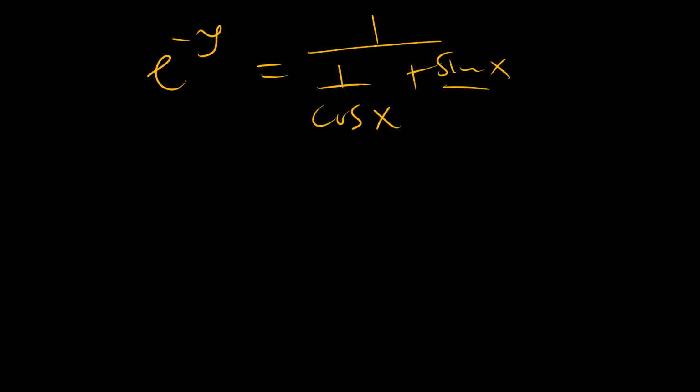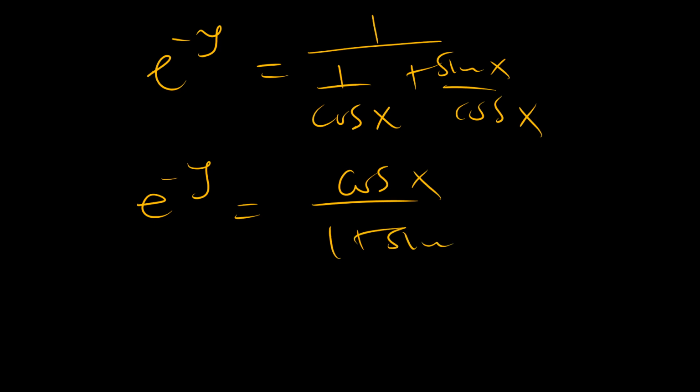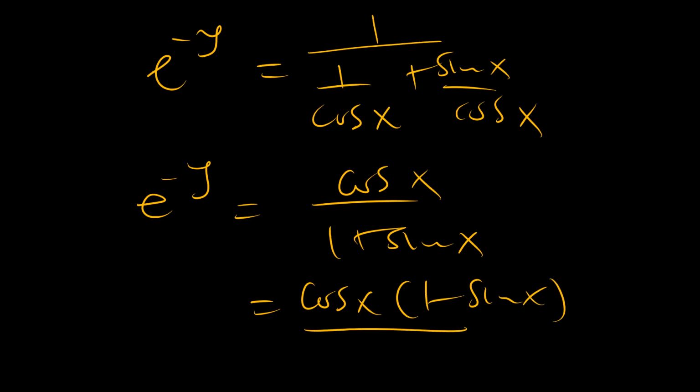e to the power negative y is the same as 1 over 1 over cosine x plus sine x over cosine x. e to the power negative y is the same as cosine x over 1 plus sine x, same as cosine x times 1 minus sine x over 1 plus sine x times 1 minus sine x, so that this could cancel with this.